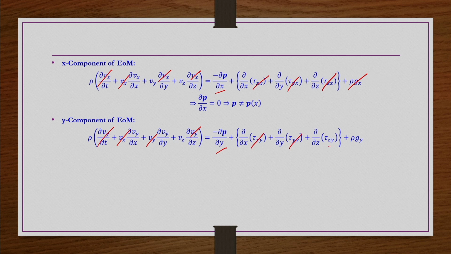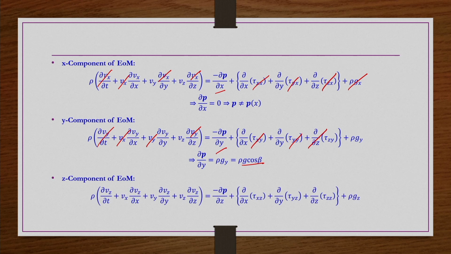Tau yz, or tau zy, is existing, but because of the fully developed flow condition that we get from the continuity equation, this term is also 0. Gravity in the y direction is g cos beta. So what we get from the y component of the momentum equation is ∂p/∂y = rho gy, that is nothing but rho g cos beta.